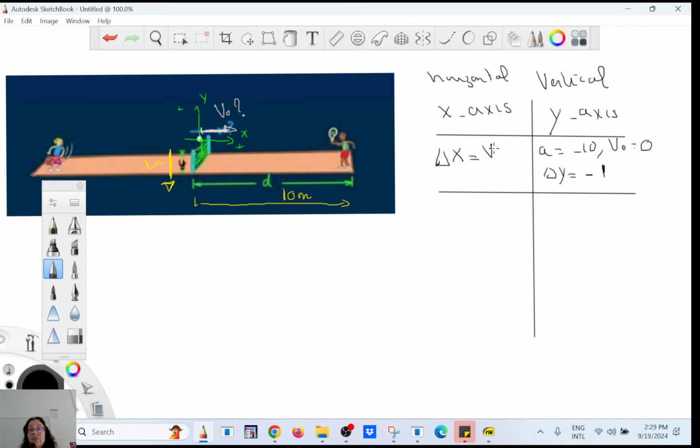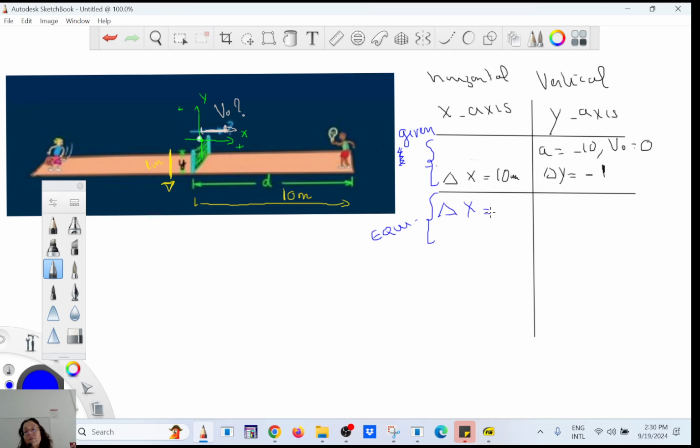I should be more careful and keep the next column for the equation. This is called the initial condition: not t equals 0, but what is given, what you know. And here you have the equation.